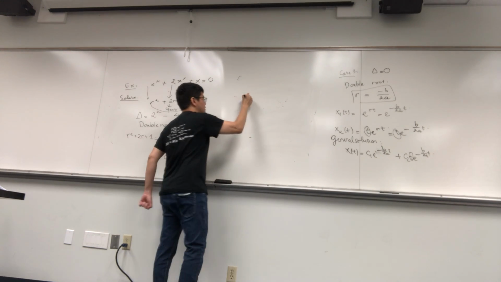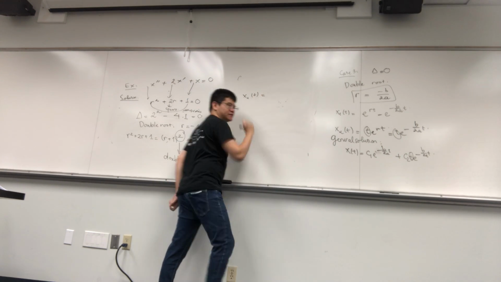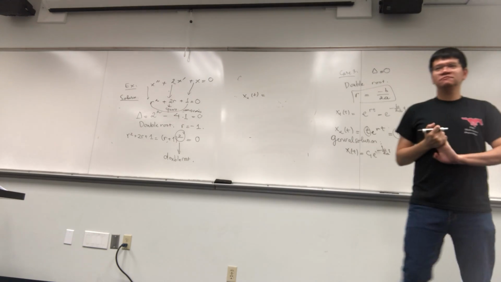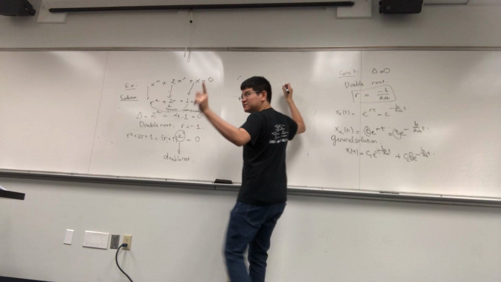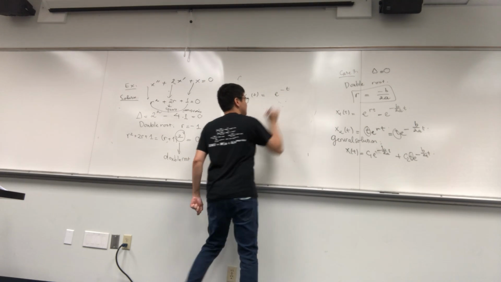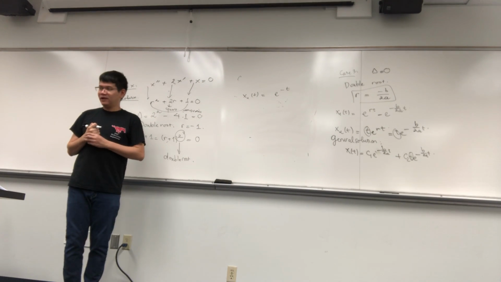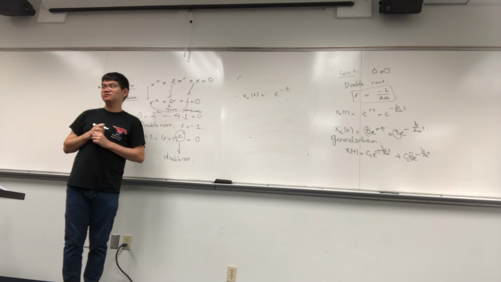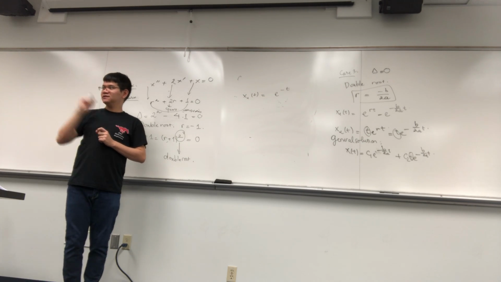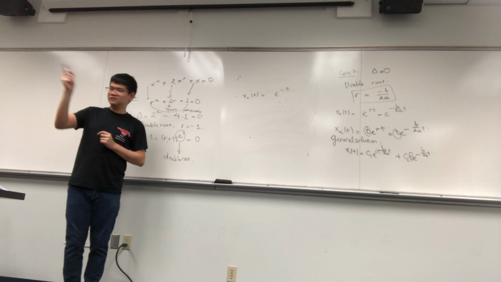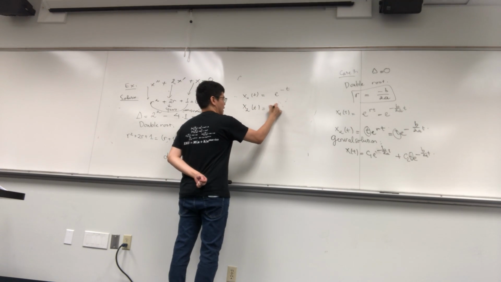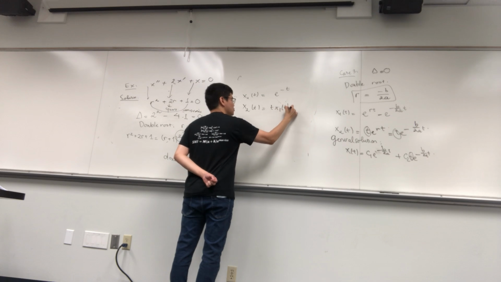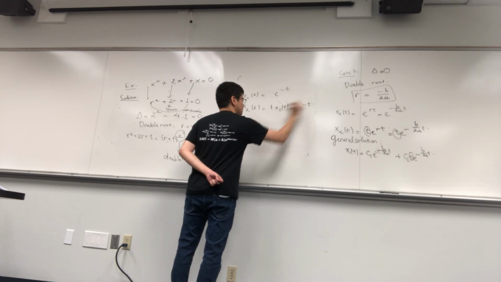Now in this case, what is x1? It is e to the minus t, right? What is the second solution? The second solution is t times the first solution, and this is t e to the minus t.